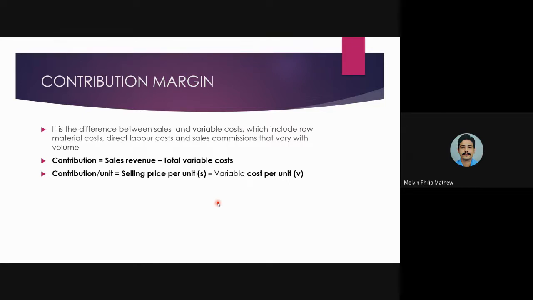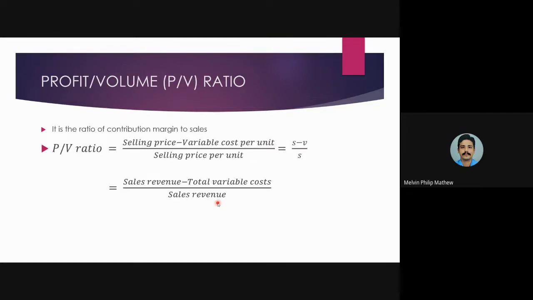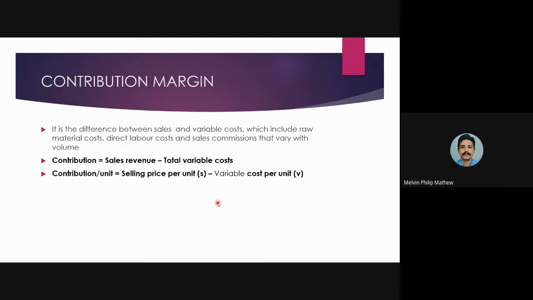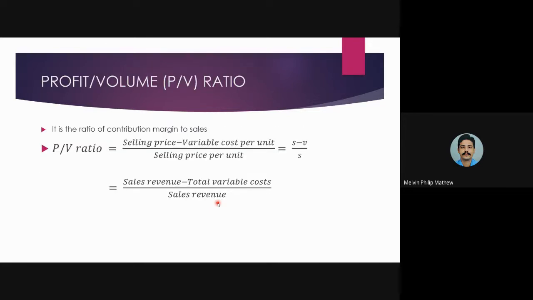Next, write down profit per volume ratio. It is the ratio of contribution margin to sales.